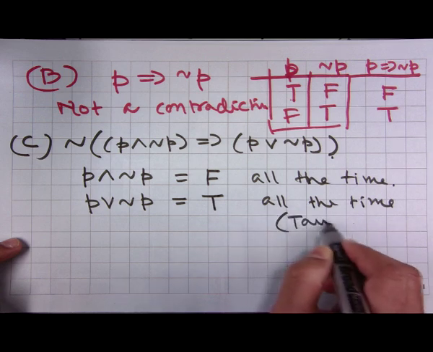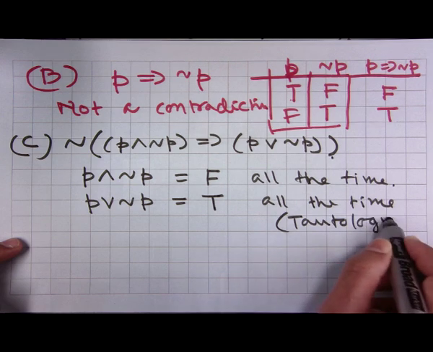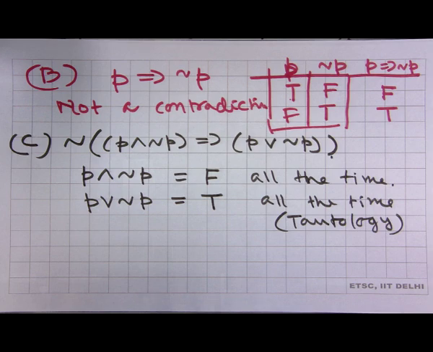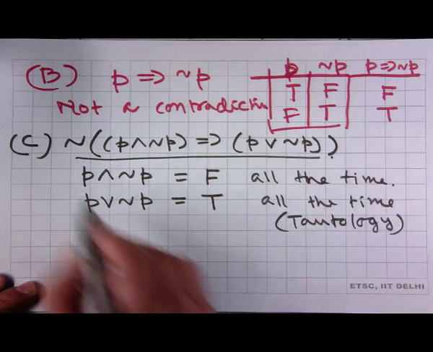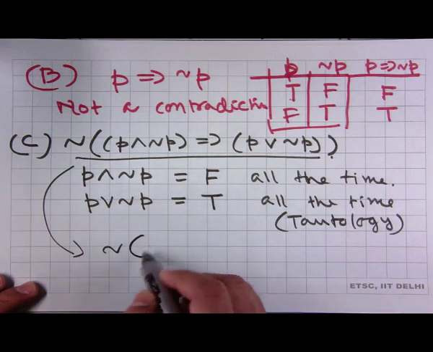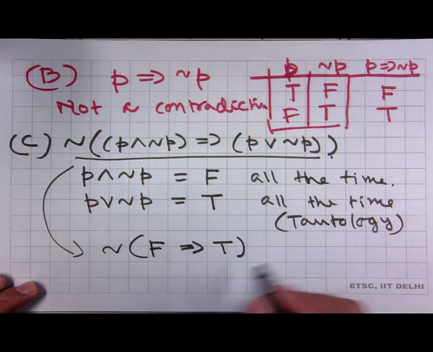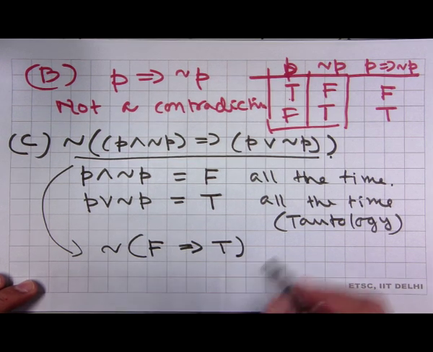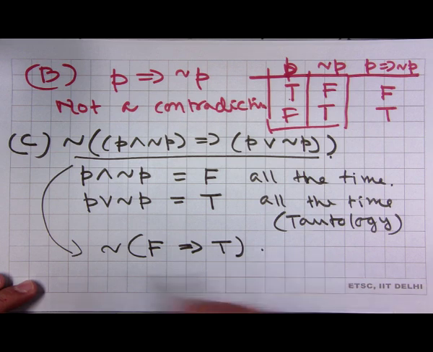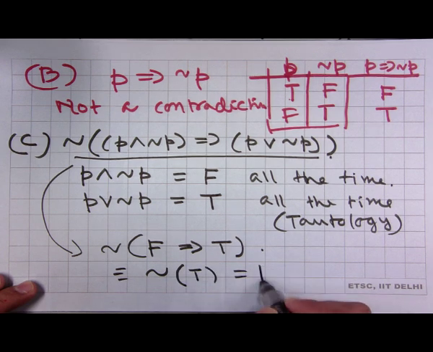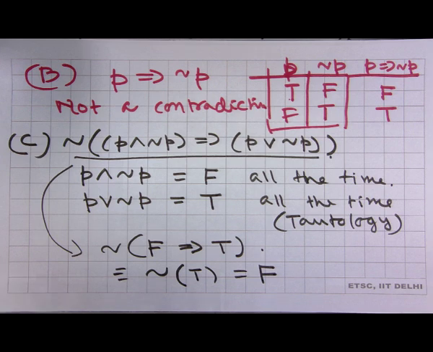Because it is a tautology, as either P or not P, one of them will have to be true. Therefore, P or not P will always be true. Therefore, the whole thing boils down to not of false implies true, and we know that false implies true is true. Therefore, this is equivalent to not of true, which is equal to false. Therefore, this is a contradiction.